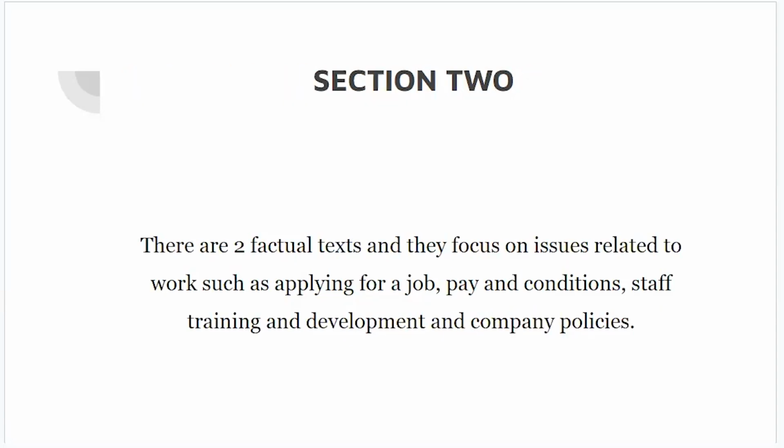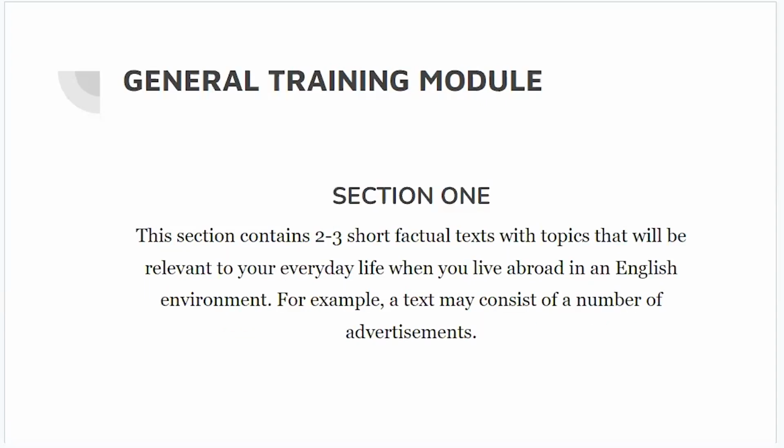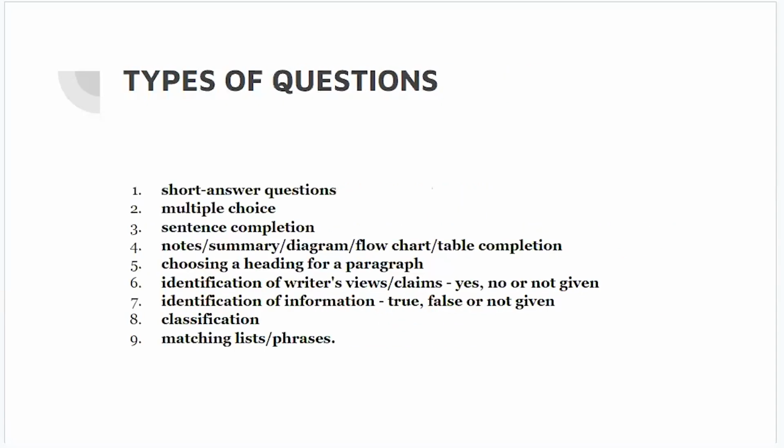In section 2, there are two factual texts, and they focus on issues related to work, such as applying for a job, pay and conditions, staff training and development, and company policies. This is particularly for the general training module, not for academic purpose. For academic, we have already completed short answer questions, multiple choice, and so on.